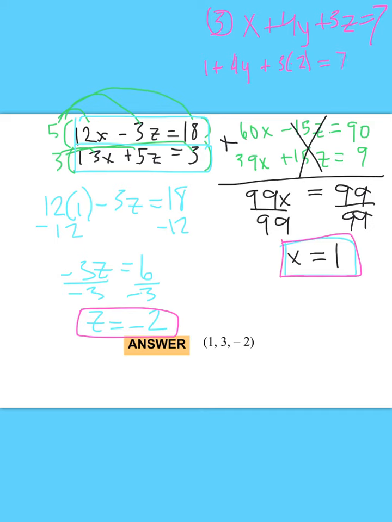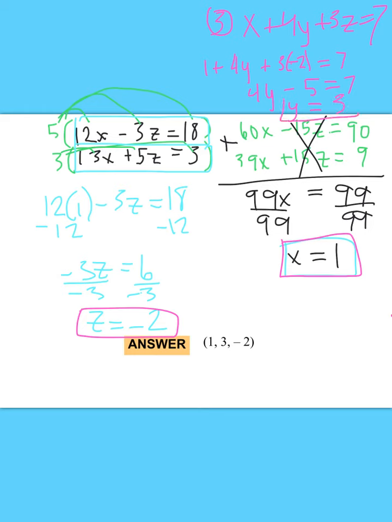And I get 1 minus 6, which is negative 5. Adding 5 to both sides and dividing by 4, we'll get y equals 3.